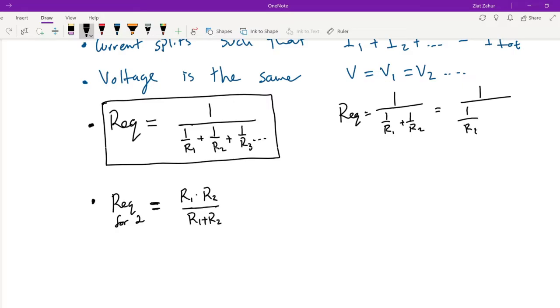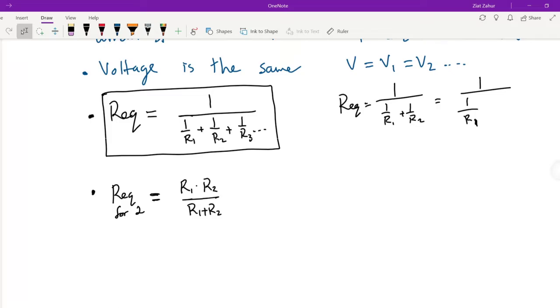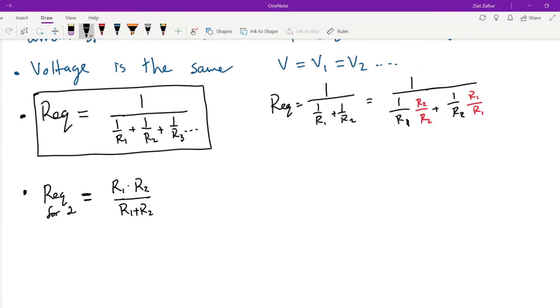R1, and we'll find common denominators. The common denominator is R1 R2. So for the first one, we'll have to multiply by R2 over R2. And for the second one, we will multiply by R1 over R1. Okay? This gives us common denominators, so we can add the bottom.